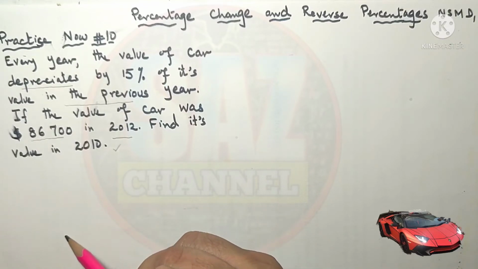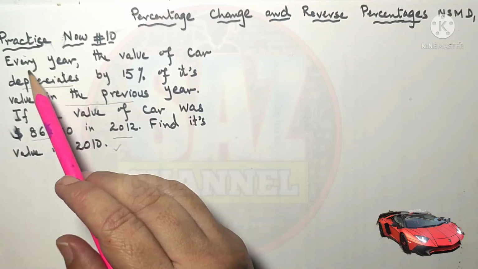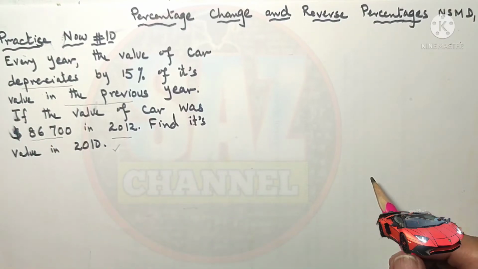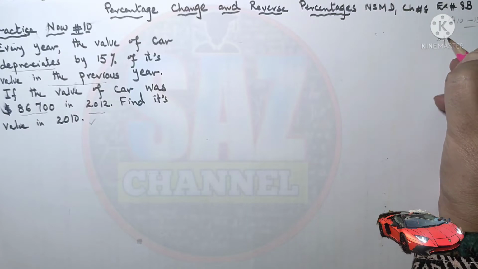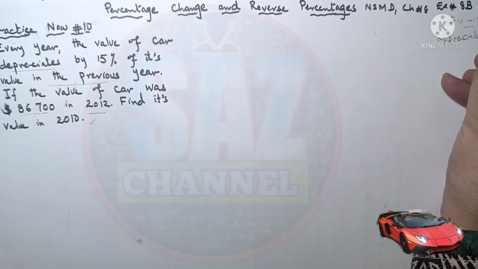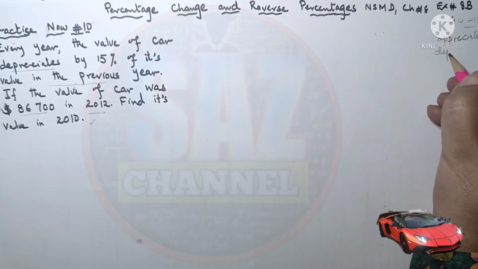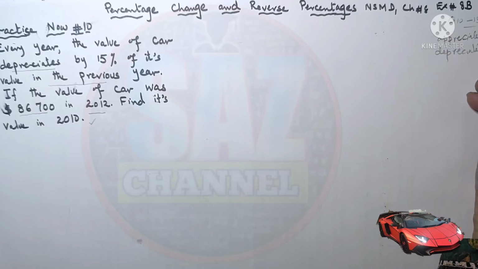Okay, there are some points that we need to understand before going to the solution. What is the meaning of the terms appreciates and depreciates? Appreciates means increase and depreciates means decrease.